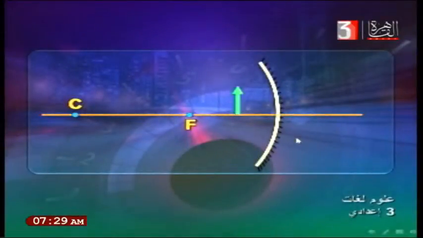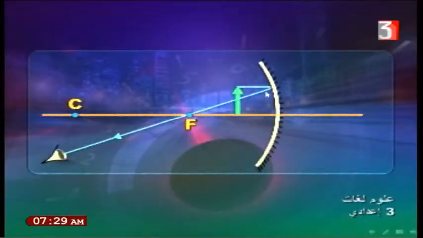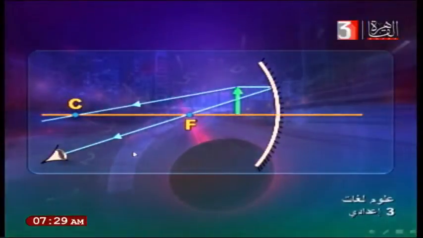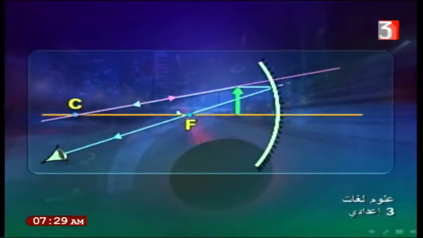For another image from this object, we can find the ray which is parallel to the principal axis, and it will be reflected passing through the focus of the mirror. Another ray will pass through the center of curvature, and it will be reflected on itself as shown.